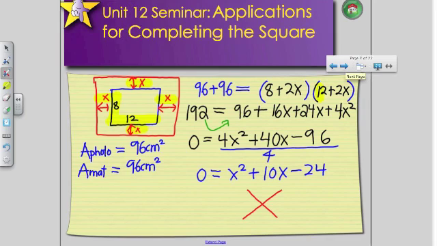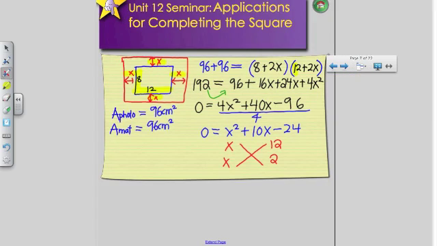I can break up my x squared to have x times x, and I can break up 24 to be 12 times 2. So trial and error, we can't forget this method. It comes in handy. When I cross multiply, I know that 12 times x is 12x, 2 times x is 2x.